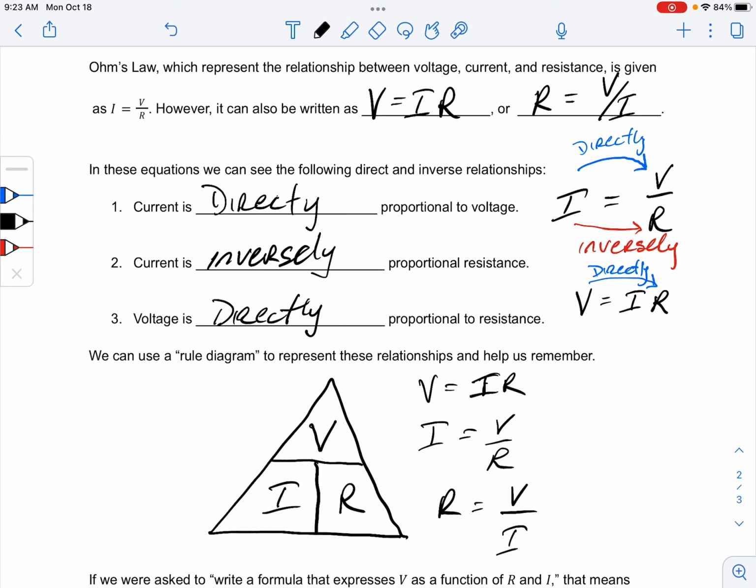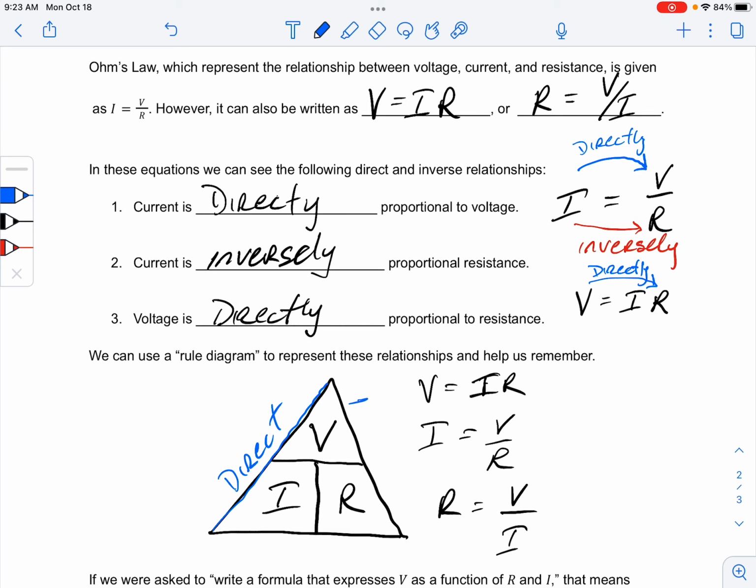And another thing in this diagram, once you have it set up this way, you can always tell direct and inverse, because the two variables on this side, V and I, are directly proportional.